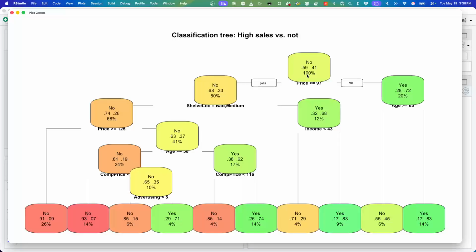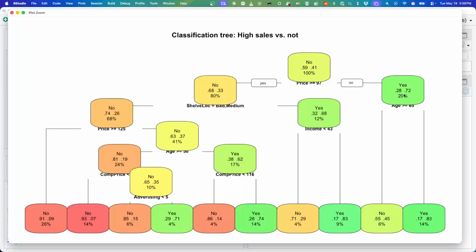The text at the node, so inside each of these you see a yes or no, and then you see a number below that, and then you should see a fraction or a percentage. So the no is the higher outcome, and then the outcomes are split 59%, 41% in our first one, and 100% of the data is being split here. Okay. So 80% of the data ends up going split out here, which you can see down here.